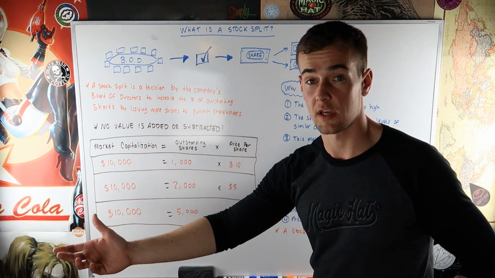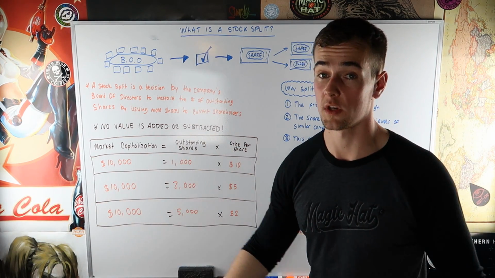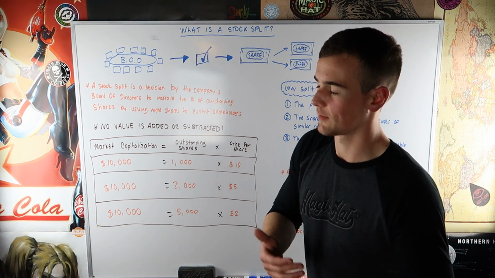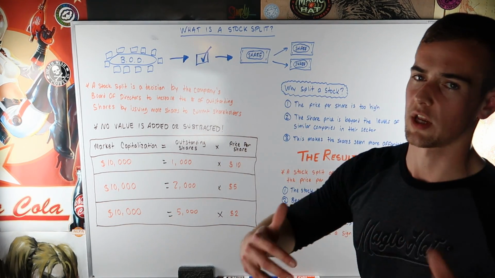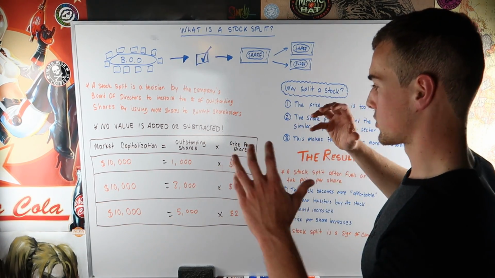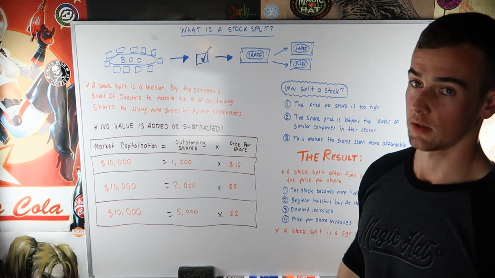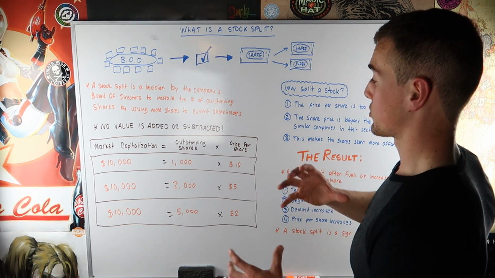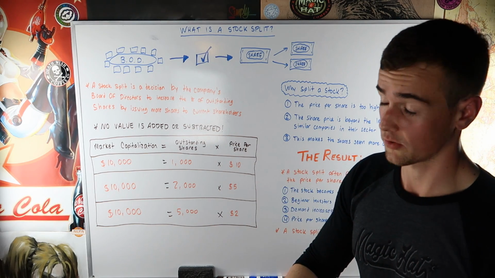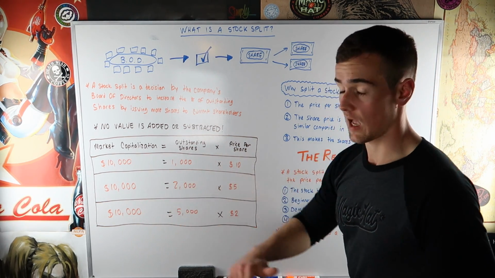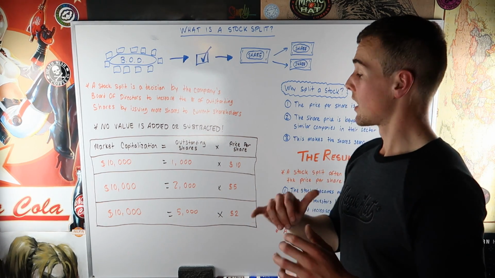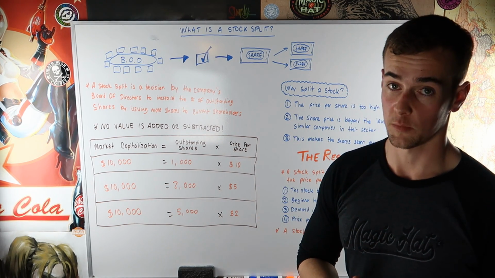Now the board of directors decided that that is way too expensive, which obviously it isn't, but just for numbers' sake, they said it's too expensive. They can't charge $10 per share. So they do a 2-to-1 split. At that point, every person who has a share now has 2 shares, so now we have 2,000 outstanding shares. Because the market capitalization cannot change, they now have a value of $5 per share.